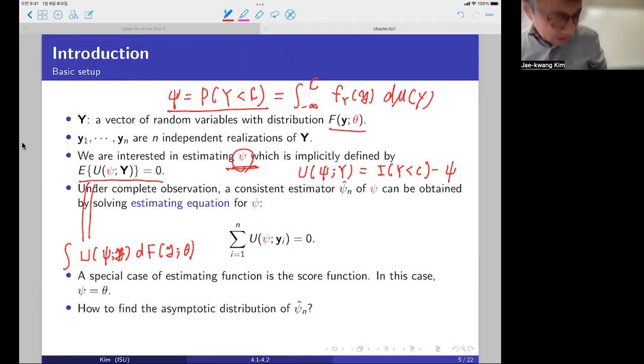Different distributions, different parameters, can obtain the same parameter psi. So in that sense, this is semi-parametric, because psi is the parameter of interest, and all the other parameters are completely nuisance.